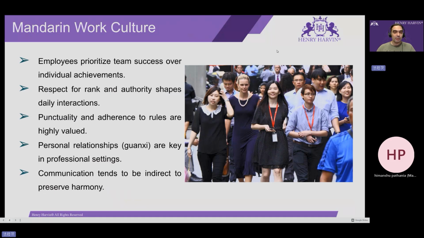So they don't really try to communicate openly in front of others. Usually if they want to communicate with a certain person, they try to do it separately, so that the person may not get offended that easily. So this is also a very important aspect of Chinese society.